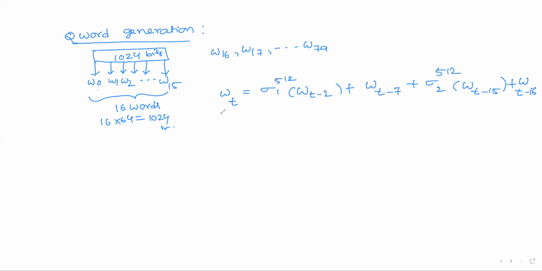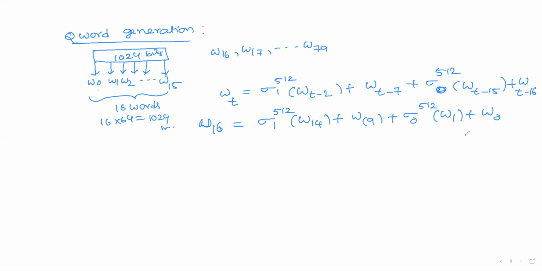So for example, if you take T value 16, I want to write W16. So T is equal to 16. If you substitute, then it is sigma 1 of W16 minus 2, that is W14, plus W16 minus 7, that is W9, plus sigma 0 of 512 of W16 minus 15, that is W1, plus W16 minus 16, that is W0.